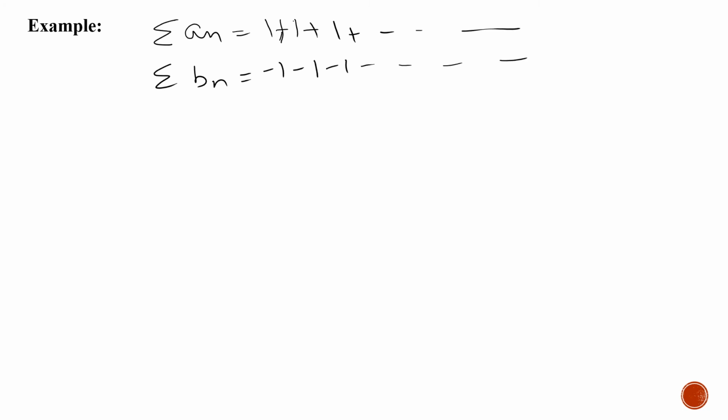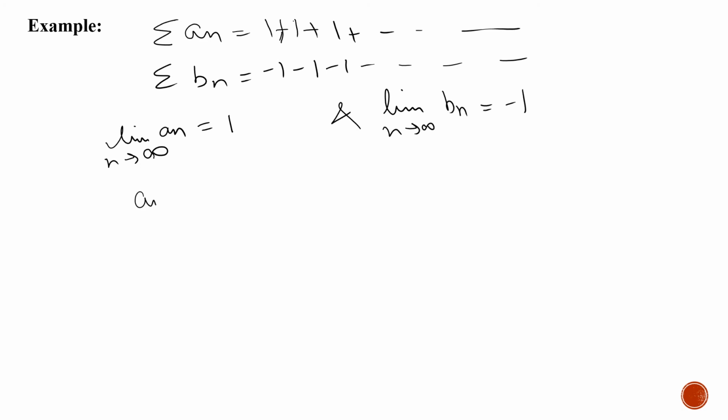Now suppose that you have two series. I write a_n that is equal to 1 plus 1 plus 1, and you have another series b_n which is equal to minus 1 minus 1 minus 1, and so on. Now you can easily check that the limit of a_n as n tends to infinity is 1, and the limit of b_n as n tends to infinity is minus 1.